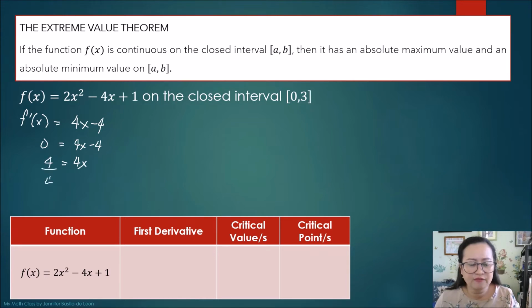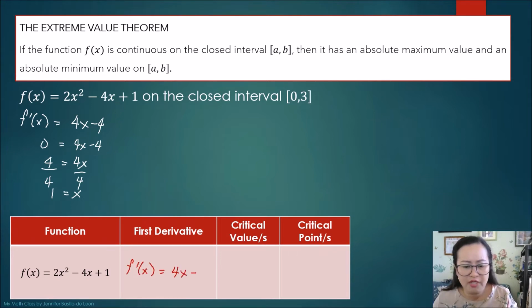We divide both sides by 4, so we have x equals 1. Okay, now let's complete the table. f prime of x is equal to 4x minus 4. So our critical value is x equals 1.